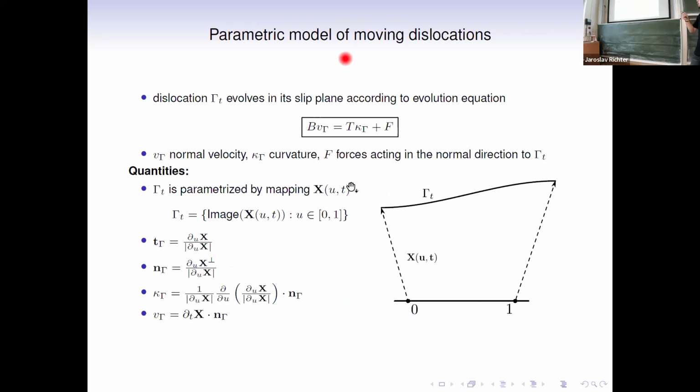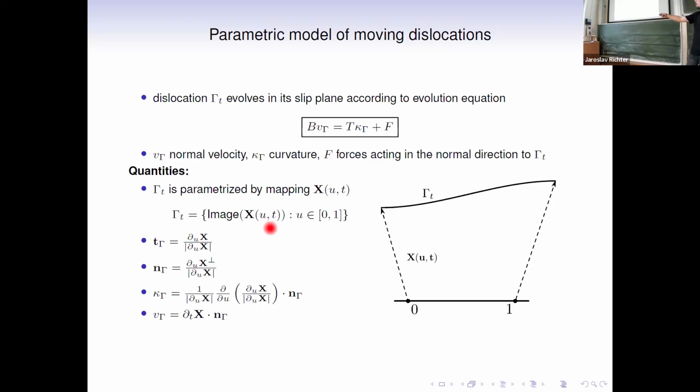Speaking about the parametric description, I prefer this one because it's easy, fast, convenient, quite robust. And even if we consider more dislocations interacting with one another, it still allows us to develop a quite fast computational framework. So this is just a brief overview based on fundamentals of differential geometry.